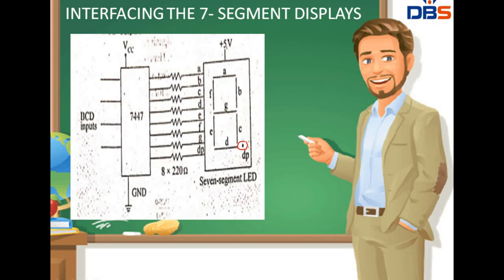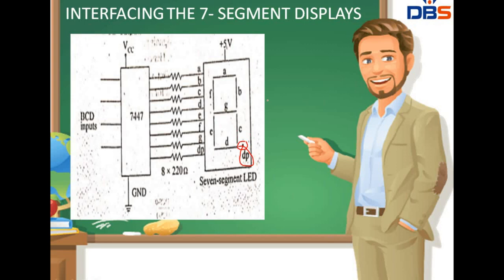The pins for the 7 segments are named A to G, and the pin for the decimal point is named DP. Apart from the 8 pins of the display, it also has a VCC power supply pin.